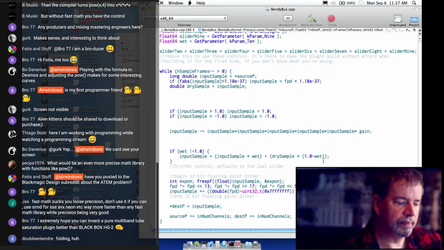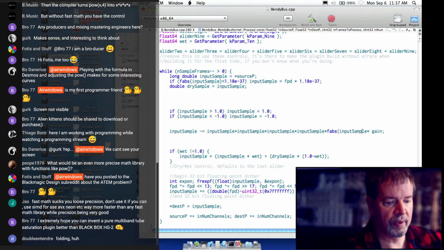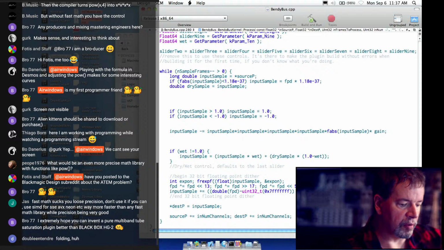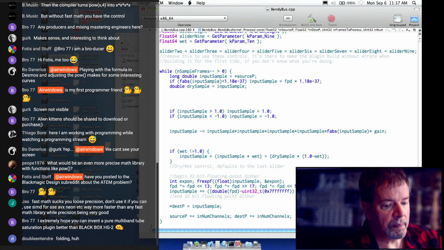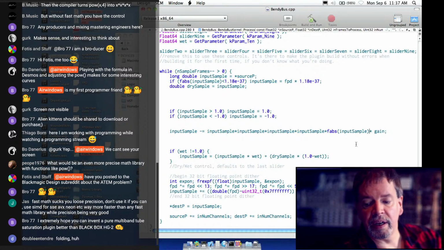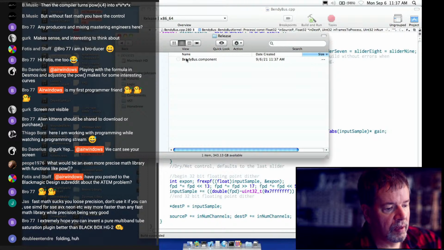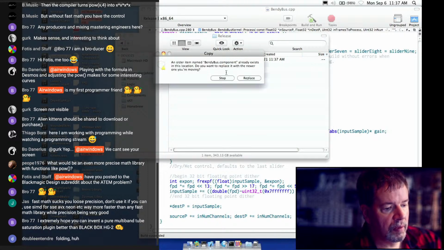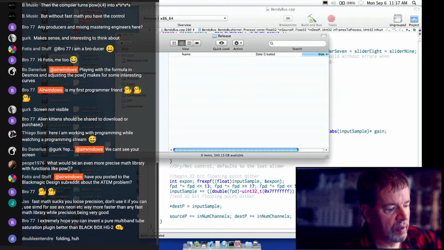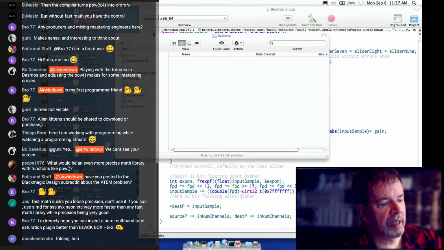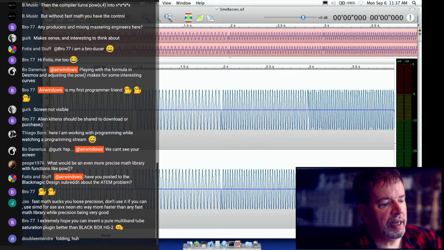Check this out. Remember how I said that we could make an asymmetrical distortion? Watch this. Here's our sine basis back again.